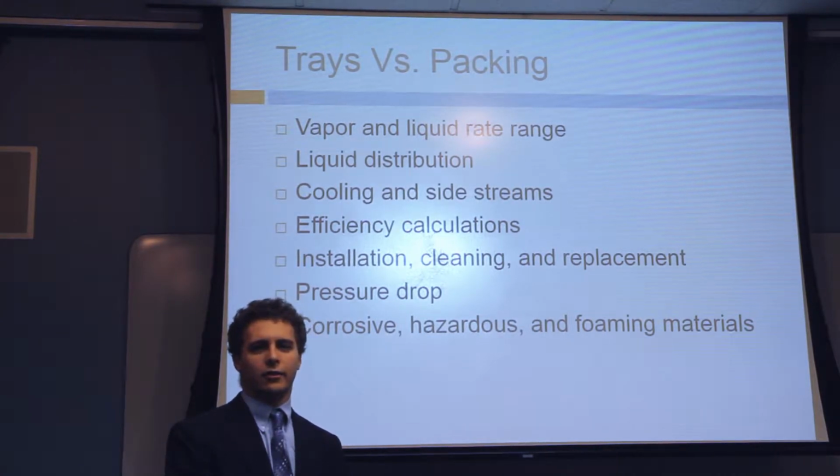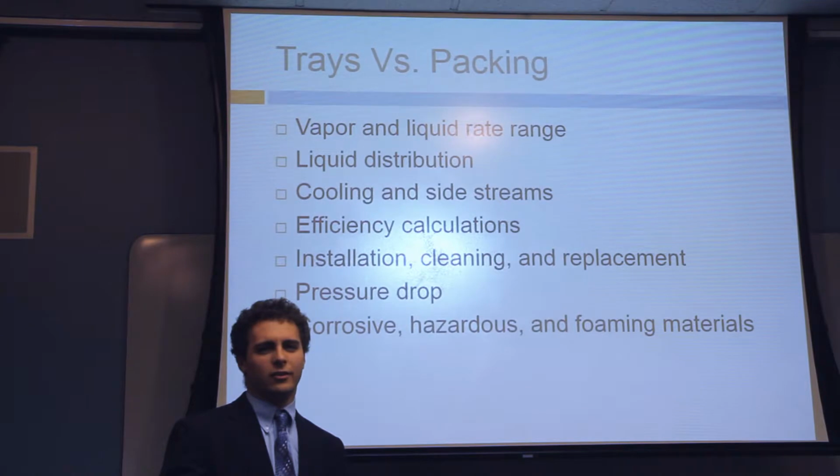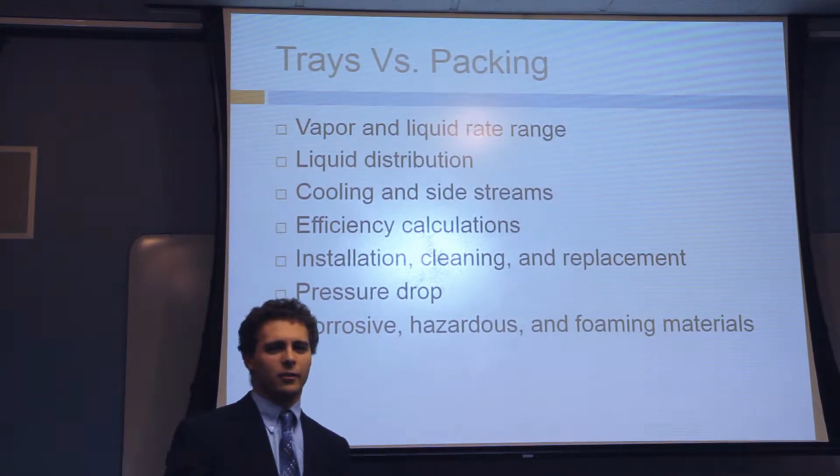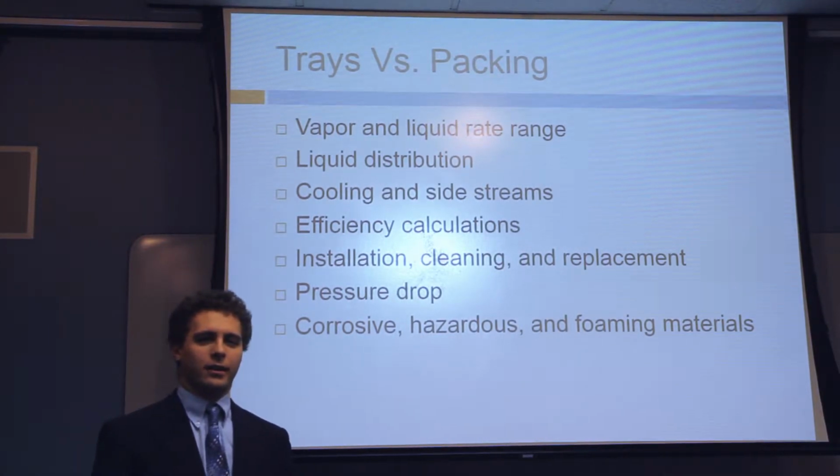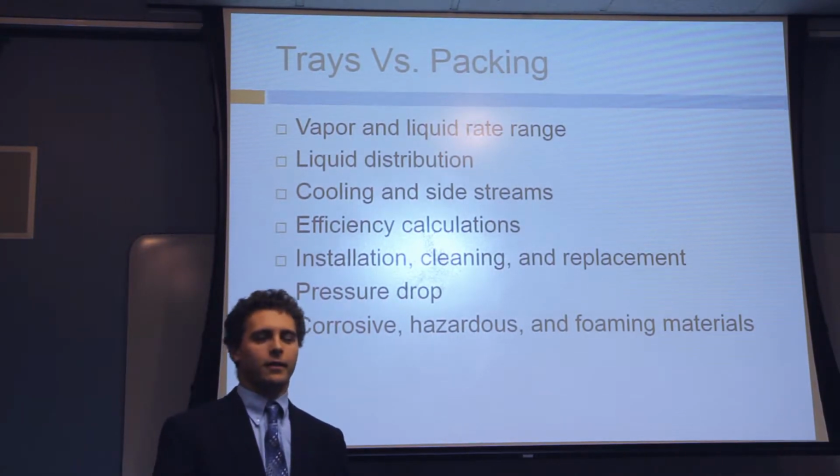Efficiency calculations tend to be more precise for plate columns than for packed columns because the calculation for the height of a theoretical plate, or HETP, for a packed column is not always exact, especially when dealing with random packings.